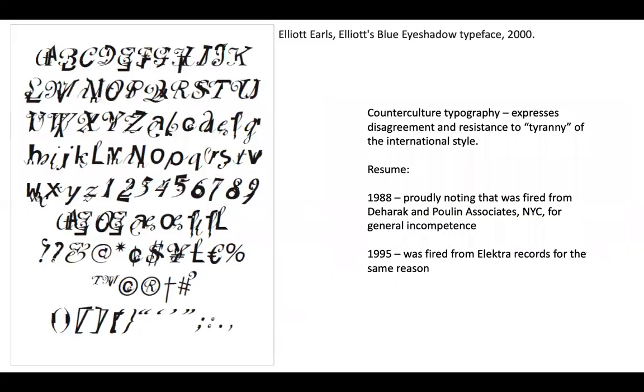Okay, now we get to the true extreme. This is Elliot Earls' typeface called Blue Eyeshadow. Just the name is very interesting already as it is. This is essentially the extreme grunge, I would say, right? The letters are confusing.